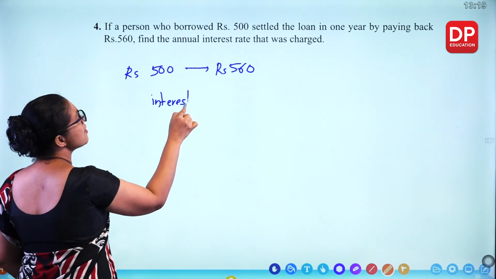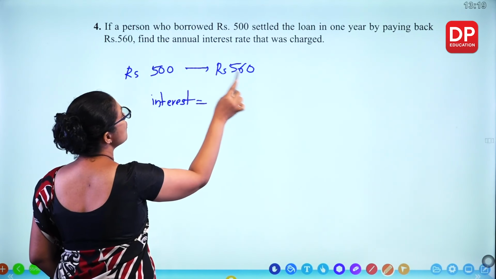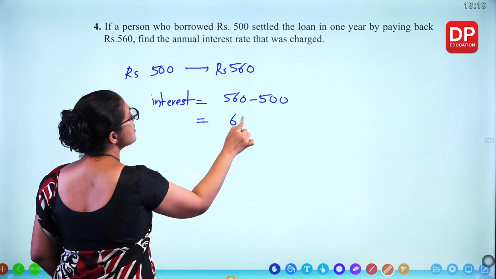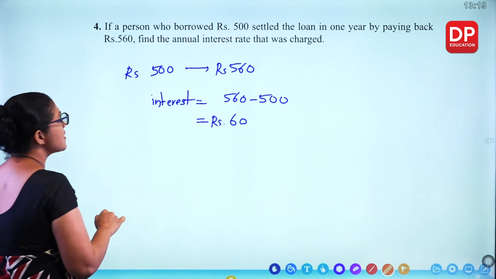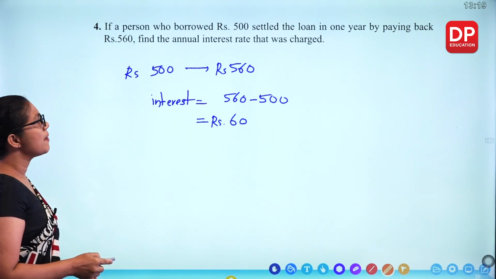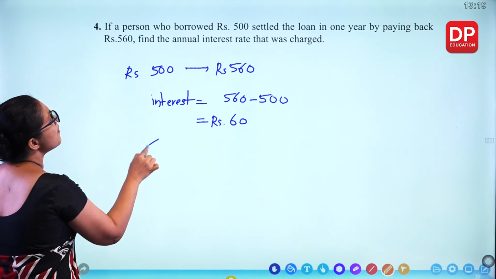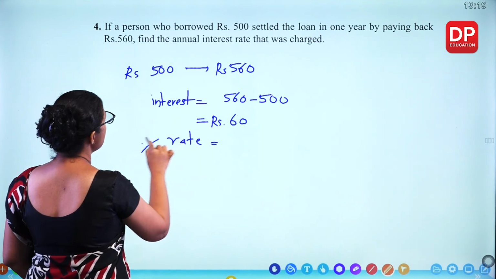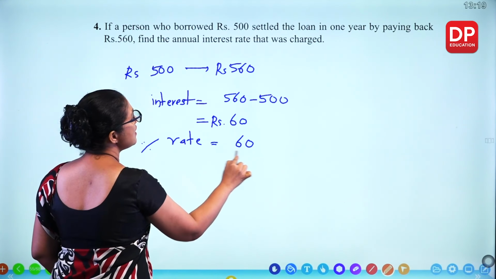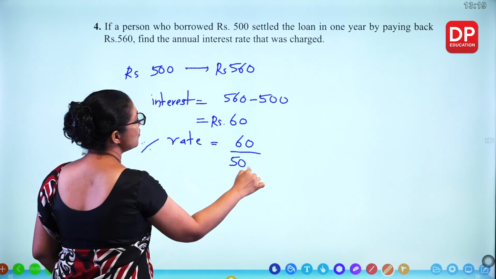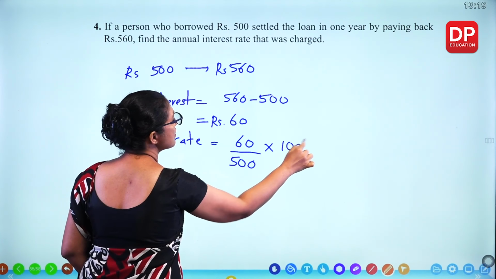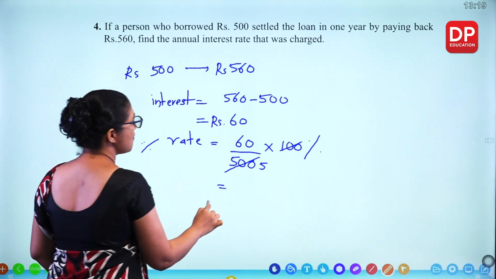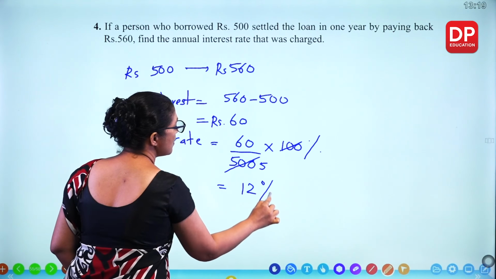Interest paid is just subtracting this value from here. 560 minus 500, that's 60 rupees. So 60 rupees is the interest paid for 500. So what's the annual interest rate? Percentage interest rate is the amount of interest divided by the value borrowed times 100. So you get 60 divided by 5, 12%.